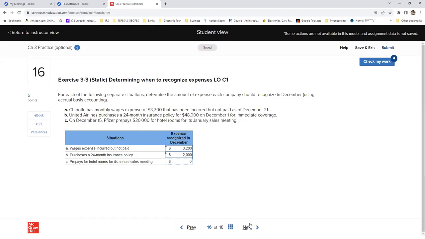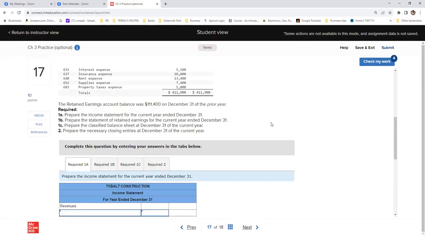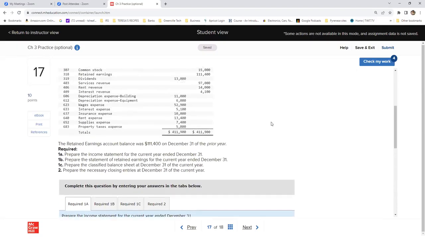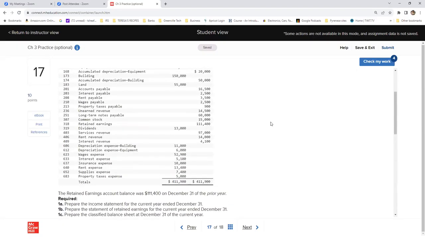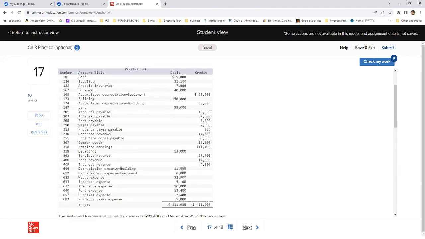All right, I'm going to leave this one for you because you've already covered this information before. It's just going to require a lot more work. Interesting enough that we're still recording everything in the order. So a lot of this stuff, you can just carry it down in the order in which it is.